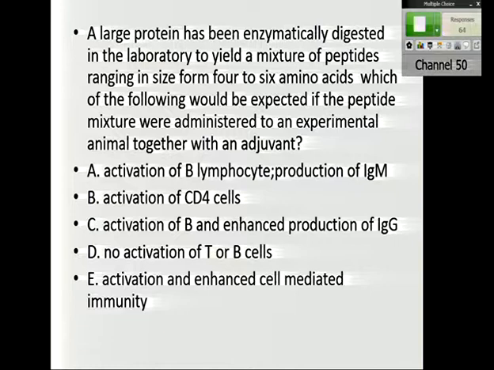Enhances the immunogenicity of an immunogen. Do you think that 5 to 6 amino acids, a peptide, is an immunogen? Do you think it's an immunogen? Just 5 to 6? No. Okay, so 5 to 6 is too small. Even though it's a peptide, it's too small to be an immunogen.